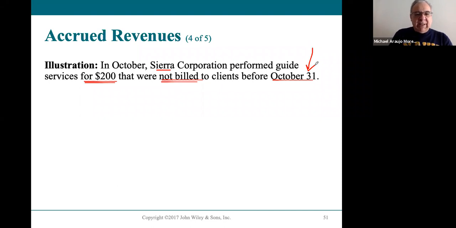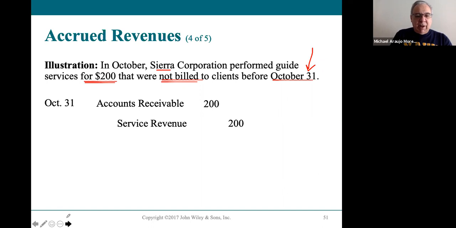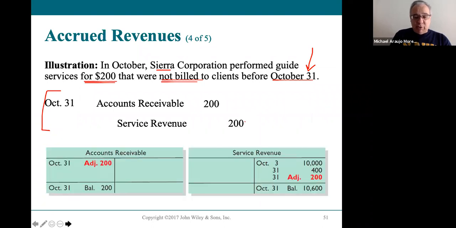We record things when they happened. So in this case, we earned it, but we didn't bill the client. So that's easy to fix. We'll send them a bill, which is an accounts receivable for us. And we show the $200 was revenue for the month of October. That's really important. Again, that revenue is going to show up in October.